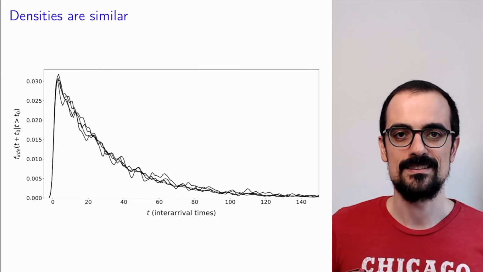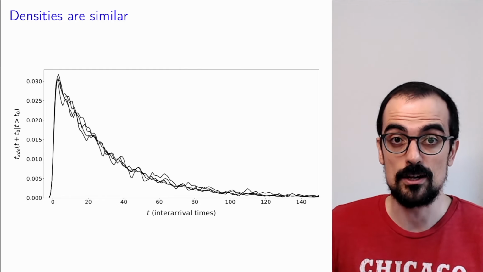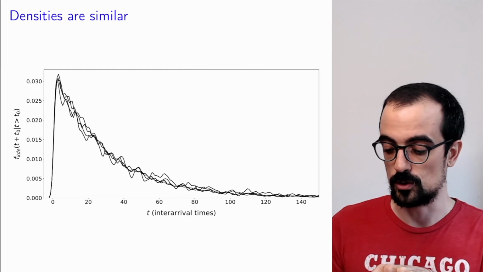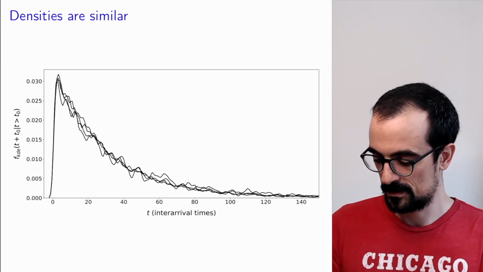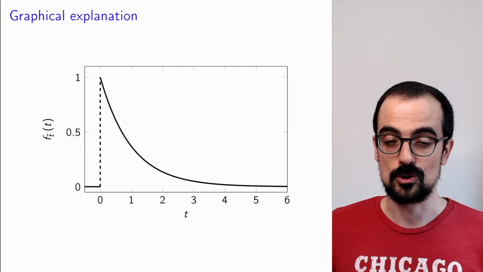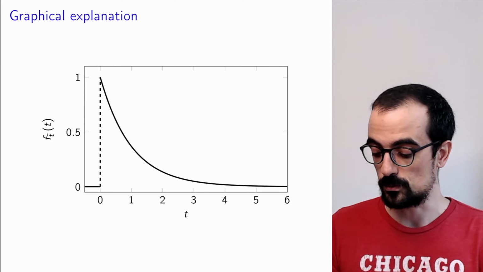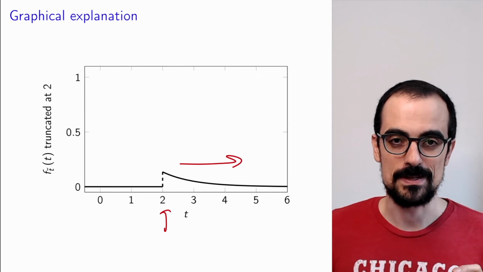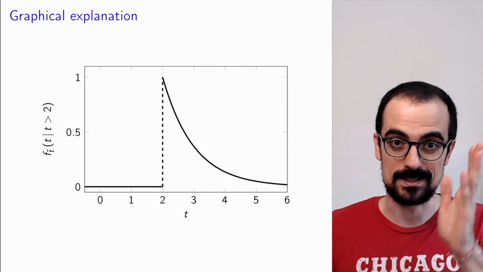So here, the assumptions of the exponential distribution really hold for these phone calls. All right, and as I had shown you, if you want to think about this intuitively graphically, it just means that when we cut this PDF and then we renormalize, we always get back an exponential but shifted.